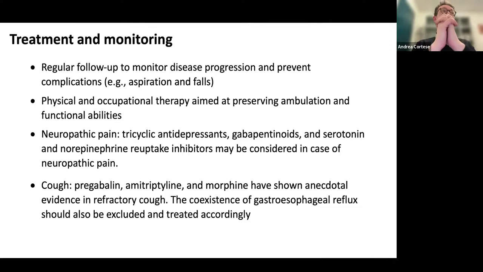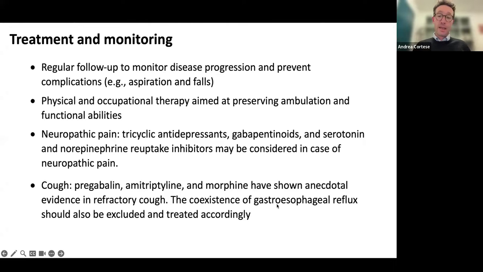We're now working in close collaboration with some cough experts in London at King's College. They're trying a series of drugs, some also in trial, and patients respond differently. Some patients may have a decent response to pregabalin, which is also good for the neuropathic pain, some to morphine, although this should be prescribed just in selected cases for the obvious side effects.